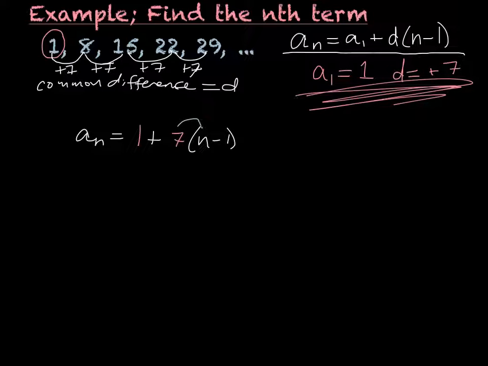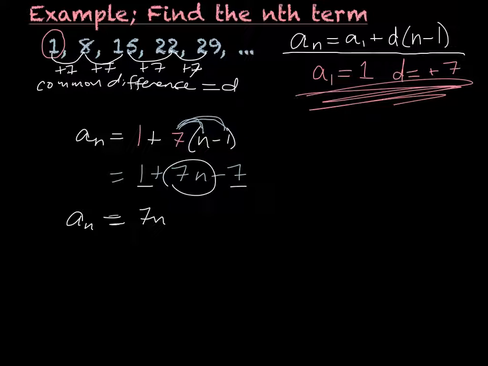Now I distribute, so I have 1 plus 7n minus 7 by distribution. 7 times n, 7 times -1. And the last step here is to actually simplify. So I put 1 and -7 together. 1 minus 7 is a -6. a sub n equals 7n minus 6, and that is your final answer.